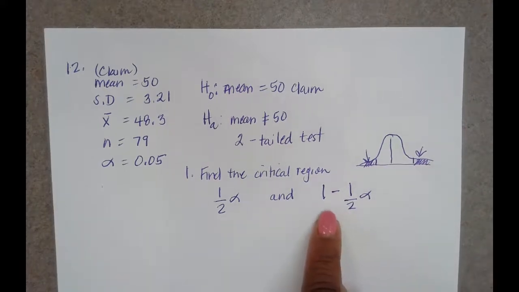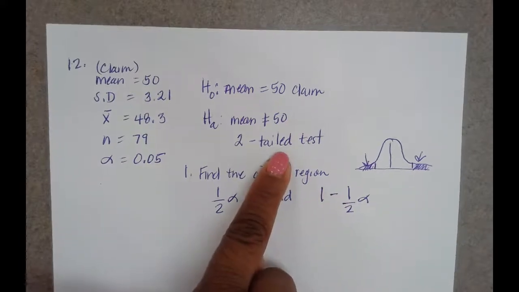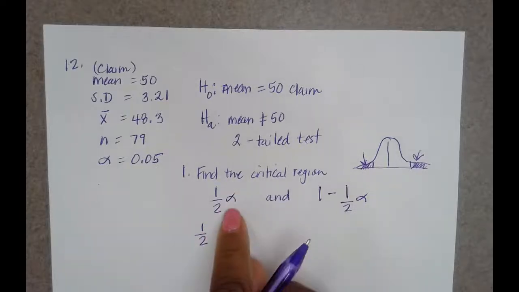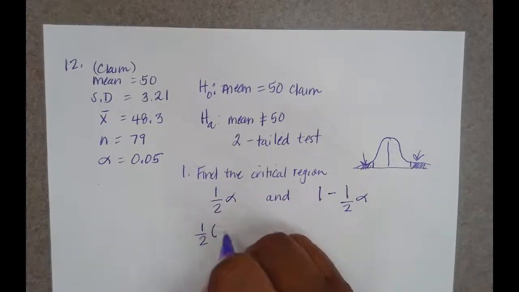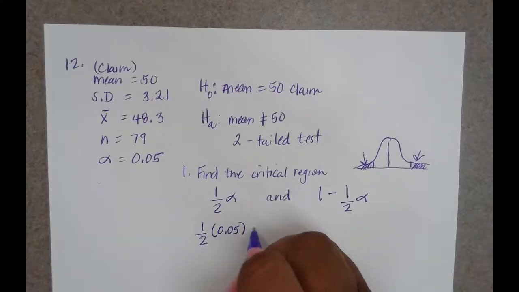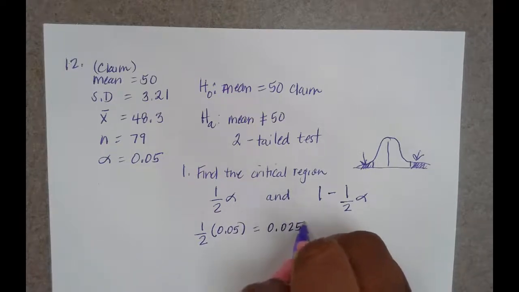So that's why we do 1 minus 1/2 of that. It's a two-tailed test, guys, okay? So 1/2 of the level of significance of 0.05 is 0.025.